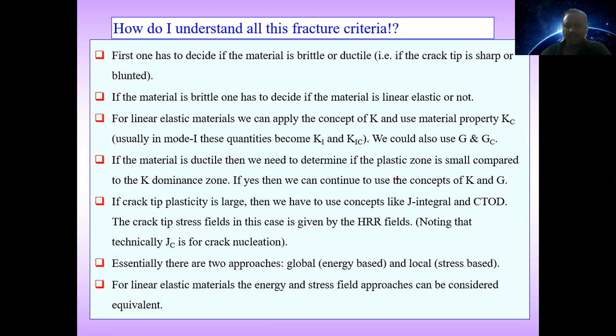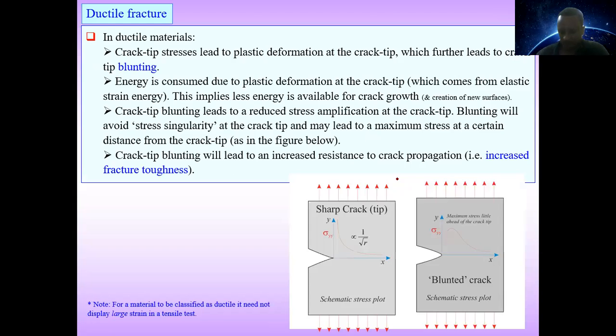Global is energy based, and local is stress based, according to the work of these two scientists. For the linear elastic material, the energy and the stress field approach can be considered equivalent.